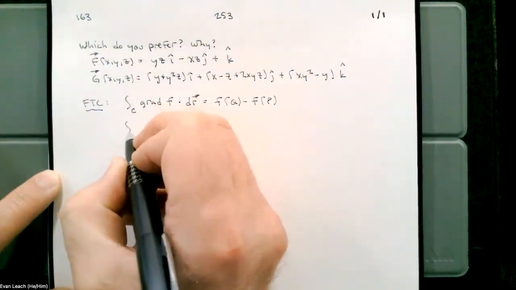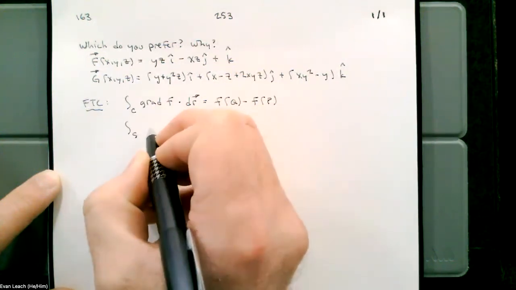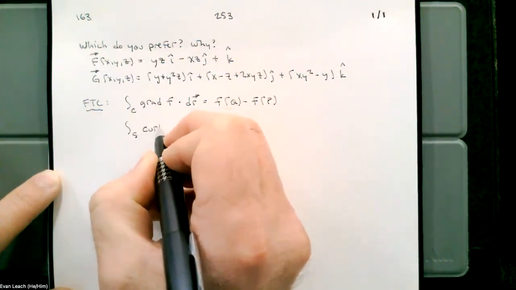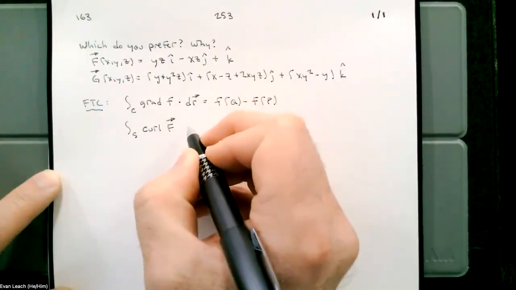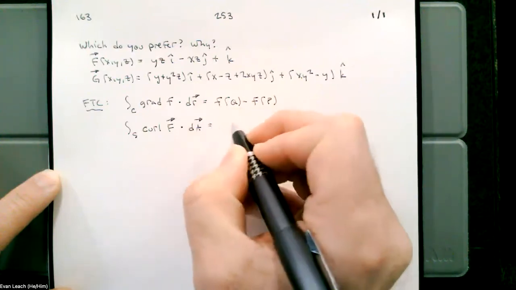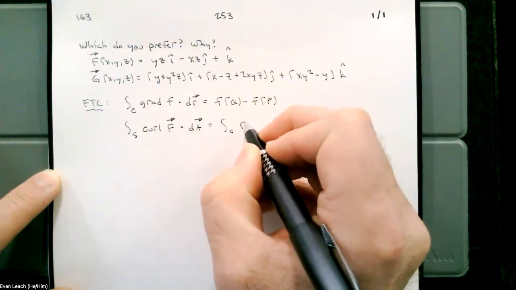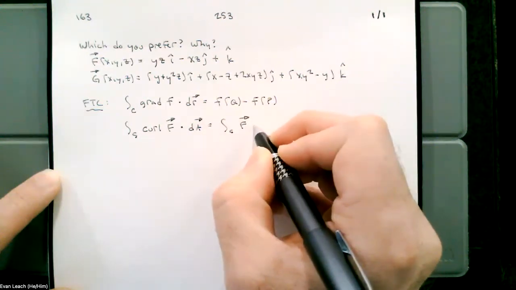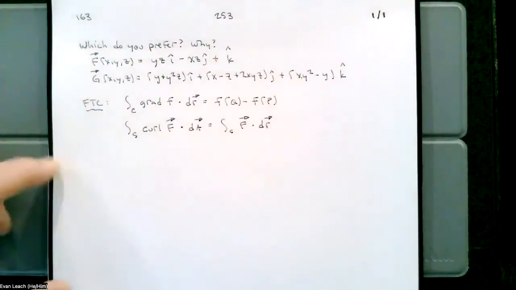We had the integral over some surface of the curl of a vector field dot dA is the integral of the vector field itself around the boundary of the surface.